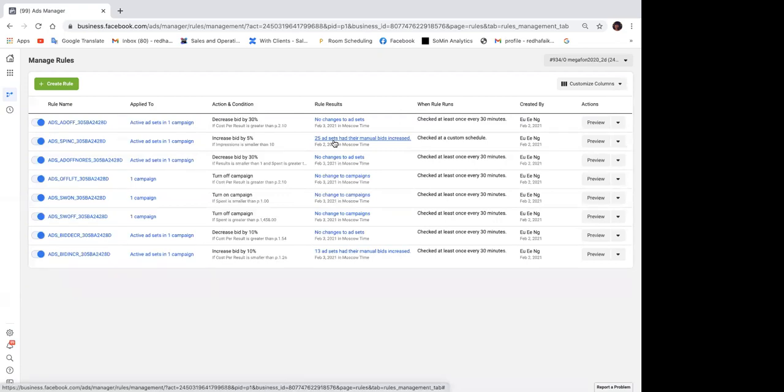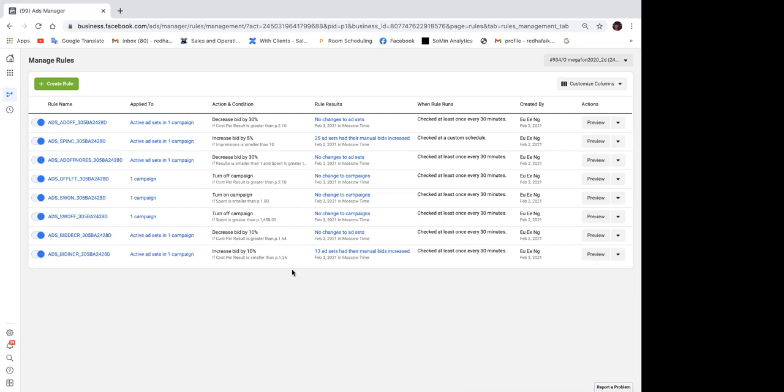The rule that has decreased, that results are too expensive, didn't modify anything. The rule that turns off campaign didn't modify anything. The rule that decreased by 10%, a little bit, also didn't modify anything. But the rule that increased by 10% modified 13 ad sets.